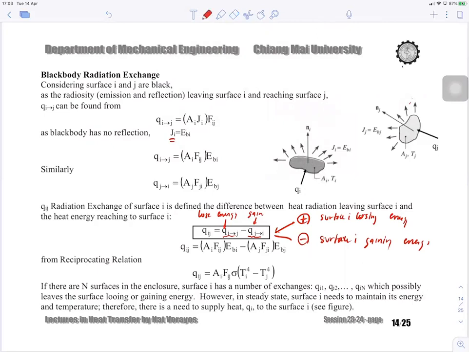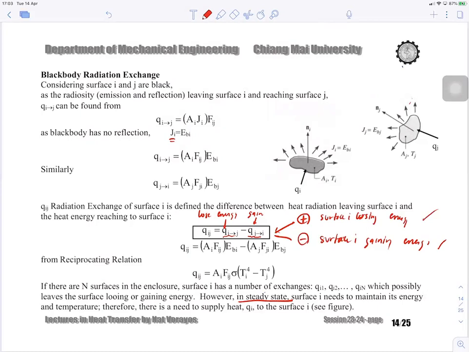But if the enclosure is in steady state or in equilibrium, the surface i cannot keep losing energy or gaining energy. It's impossible. If it's losing energy, the surface cannot keep the temperature constant. The other way around, if it's gaining energy, the temperature tends to go up. You have to release the energy that it gains at some point in order to bring the temperature down to get the steady state or equilibrium.